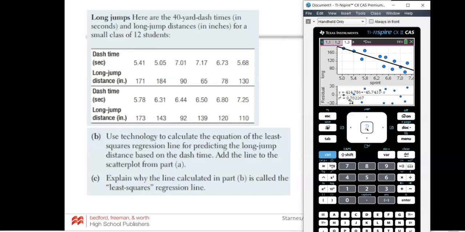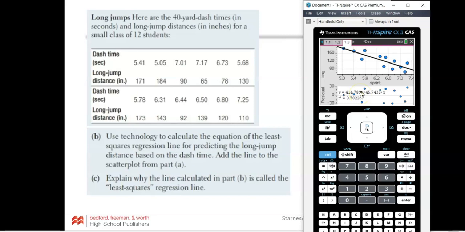So the predicted long jump distance equals 414.786 plus or minus, probably I just put minus, 45.7433 times, in parentheses instead of x, I would put the sprint time or the dash time there. The word sprint time or dash time would be fine to put there.